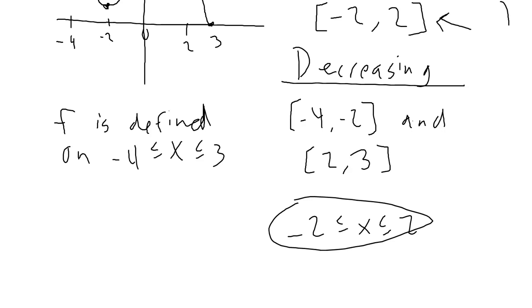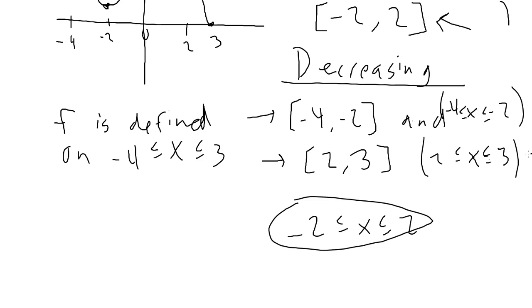And these two are the same thing as writing x in between -4 and -2, or in between 2 and 3. The only reason I was bringing this up is that you can write them like this too. You don't have to write these interval notations.